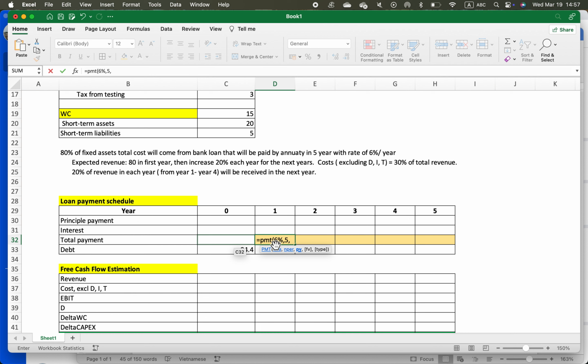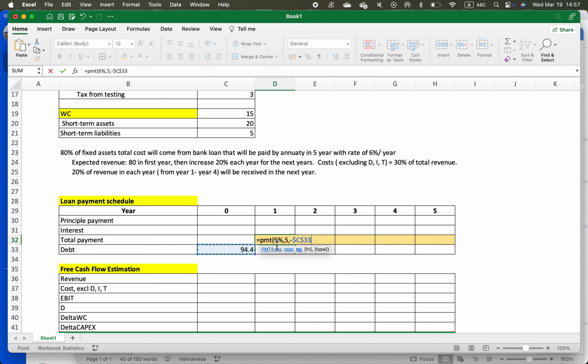But to get a positive value of total payment, you should give a negative sign for PV, which is negative C33, like this. And you should fix it by pressing F4 on your keyboard, to fix that address, so that you can copy the formula to the next cell on the Excel sheet.